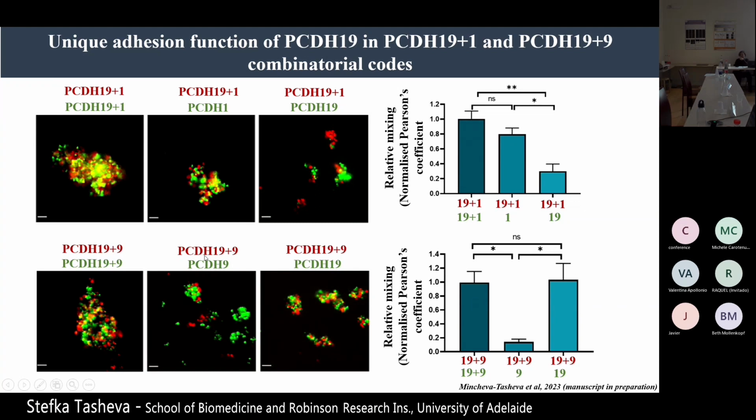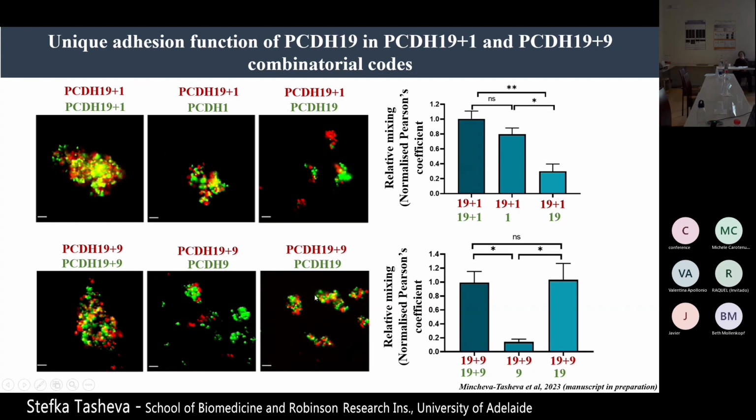And again, what we found here is in a little bit different scenario. So when we mix cells that express the complete code with the cells that express PCDH9, that means 19 is missing, because I have forgotten to mention at the beginning that the cell line that's been used for this assay doesn't express any cadherins, so whatever is introduced is endogenous, that's it.